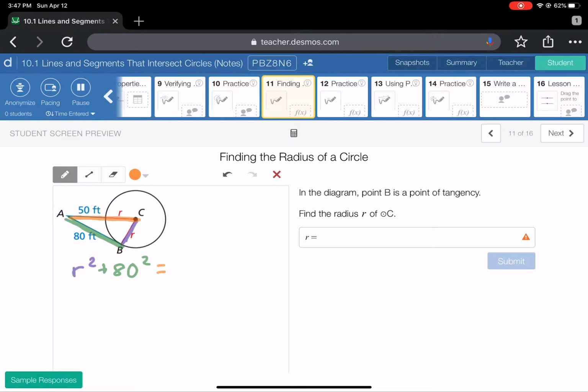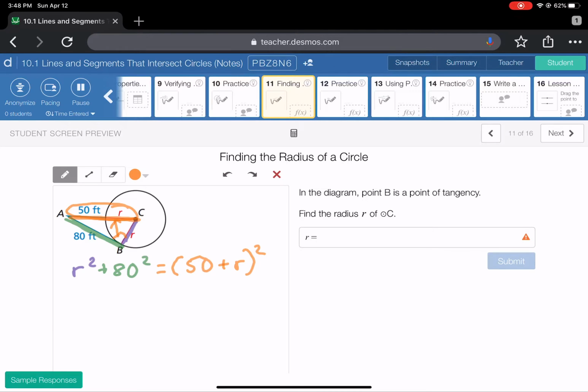And our hypotenuse here is across from the right angle, so that's how I knew that it was it. But our hypotenuse is two pieces, 50 and r. So I'm going to put that in parentheses, 50 plus r squared. So all together, this is c squared for the Pythagorean theorem.